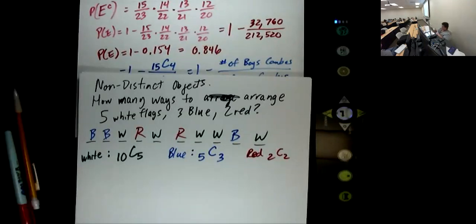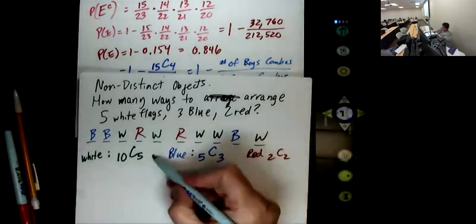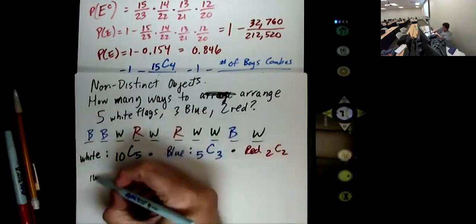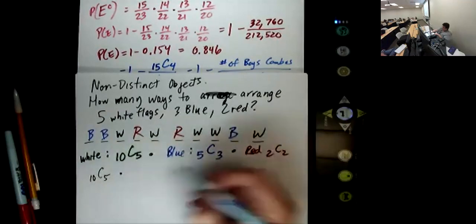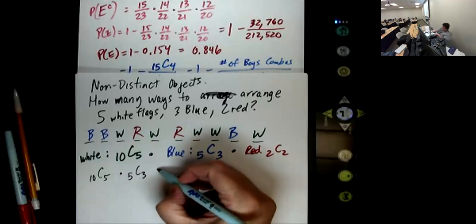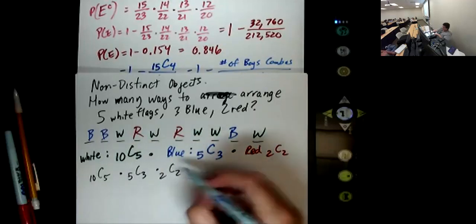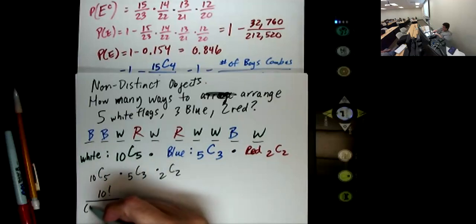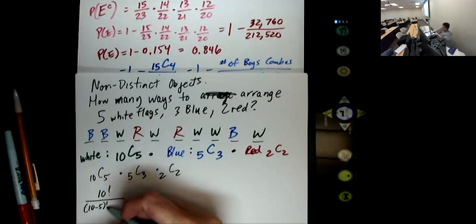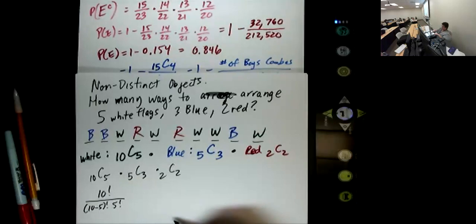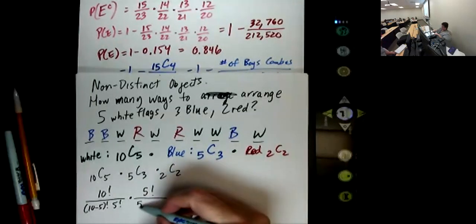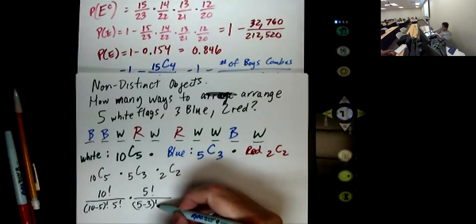Now, the multiplication rule of counting says I should be able to multiply these. So 10 choose 5 times 5 choose 3 times 2 choose 2. This is 10 factorial over 10 minus 5 factorial times 5 factorial. Then I've got 5 factorial over 5 minus 3 factorial times 3 factorial.